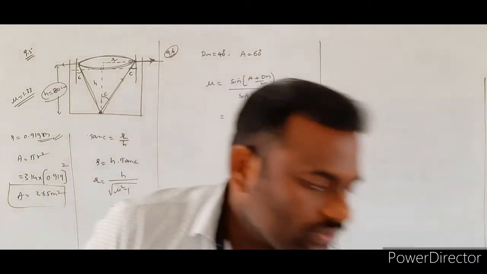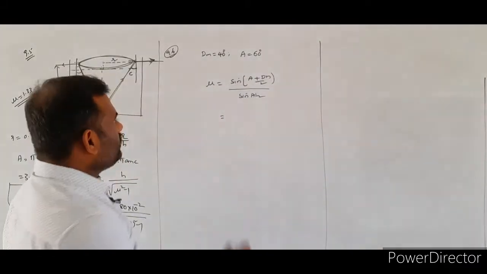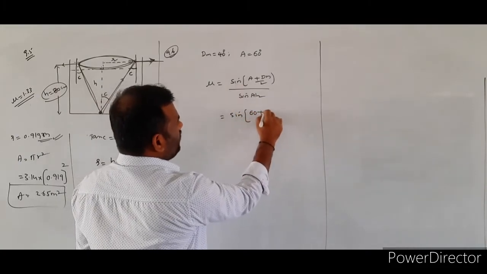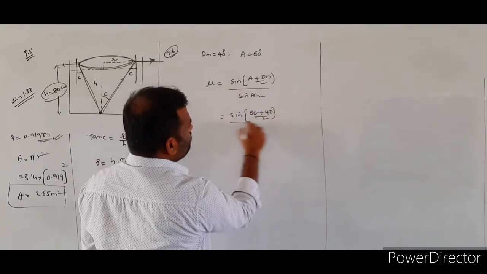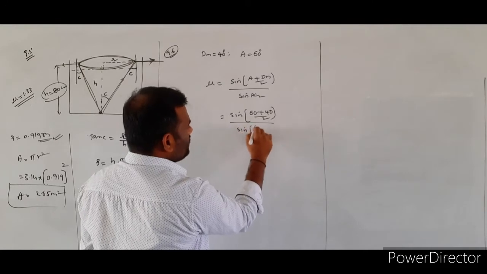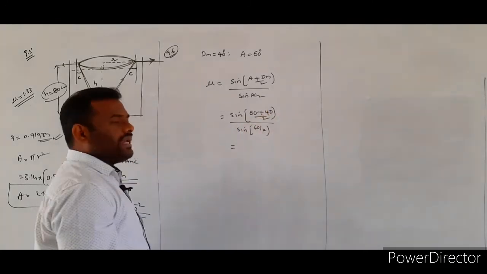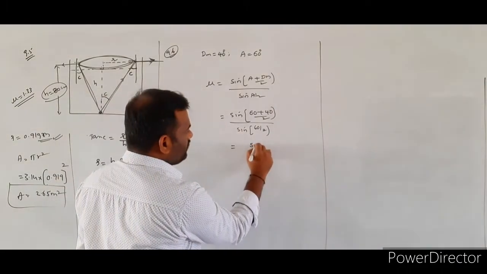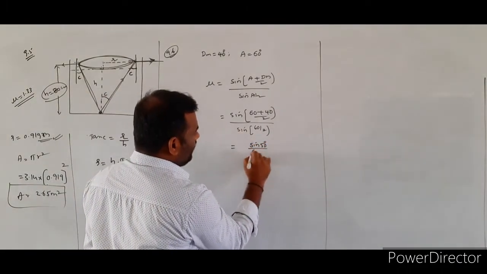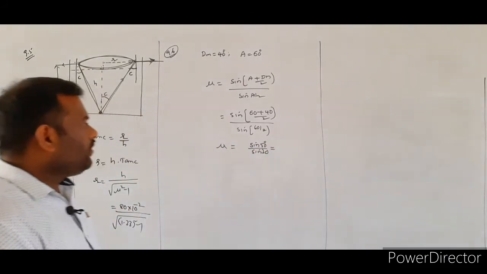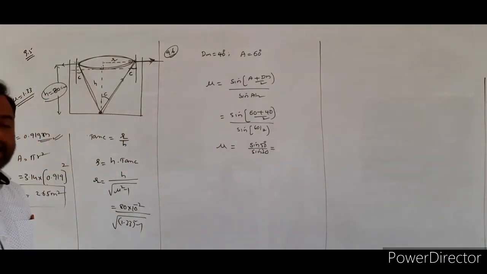If you substitute the values, A value is 60 plus 40 by 2, by sine 60 by 2. So sine of (60 plus 40) by 2, sine 100 by 2, that is sine 50, by sine 30.